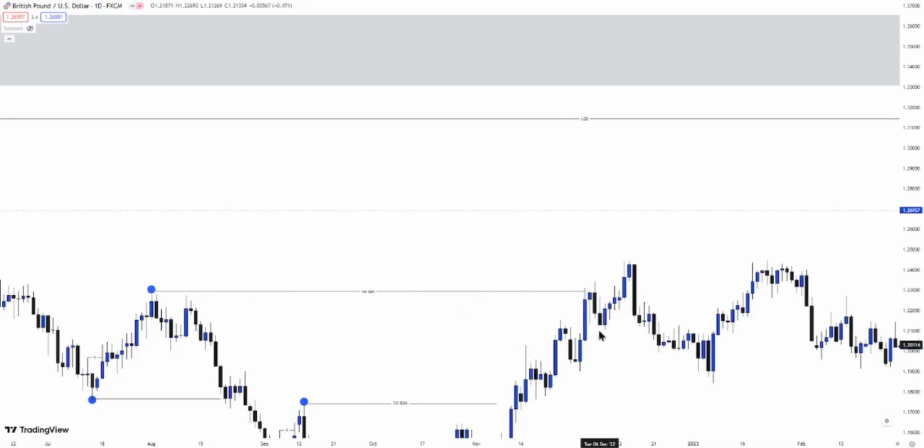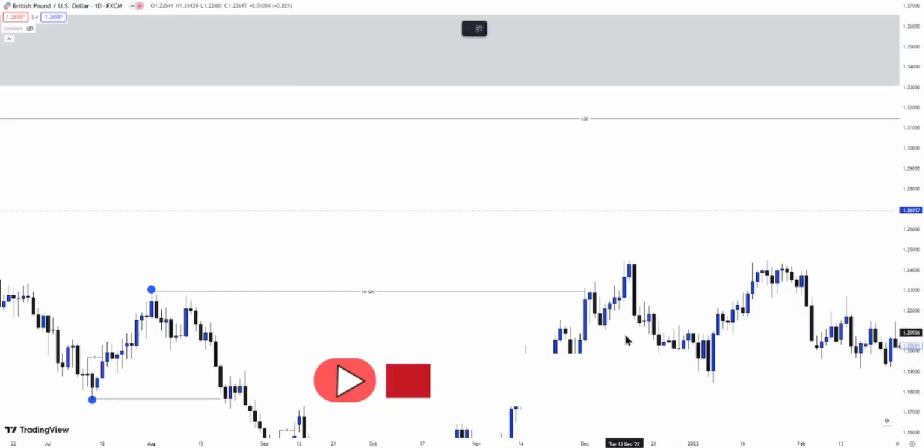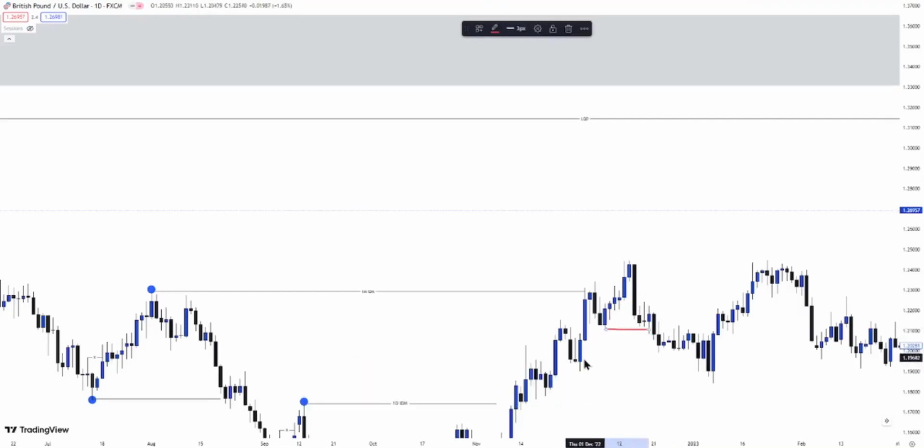So price took it out and closed above it. Now you will see price will take out inducement, tap on any OB here and move higher. That's what you should expect price doing.